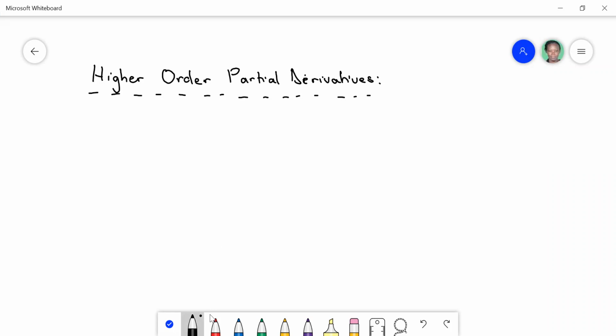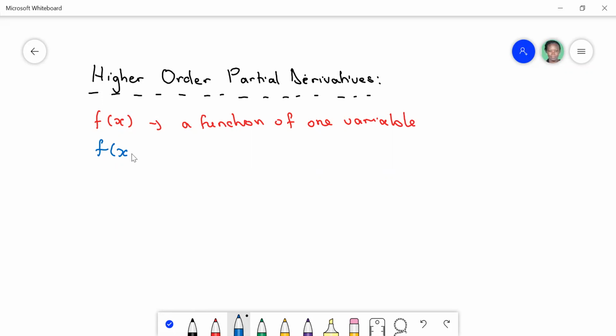And we looked at basic examples of functions, such that if I have f of x, it is just a function of one variable. But if I write f of x, y, this is a function of two variables.